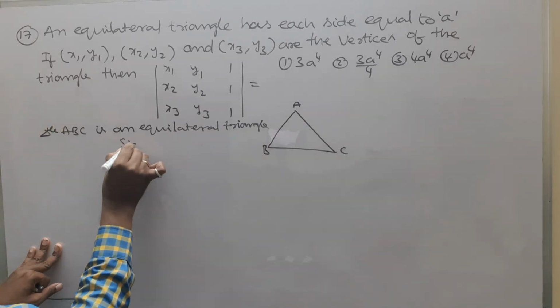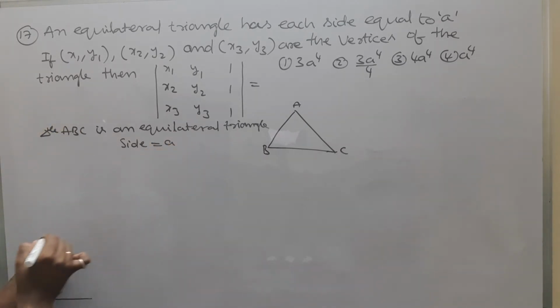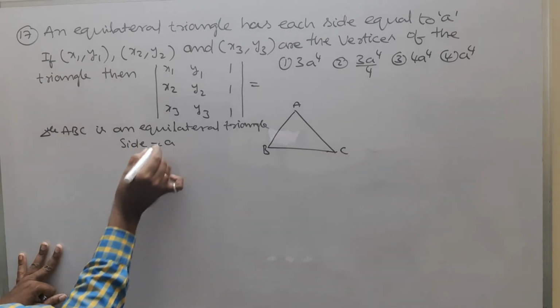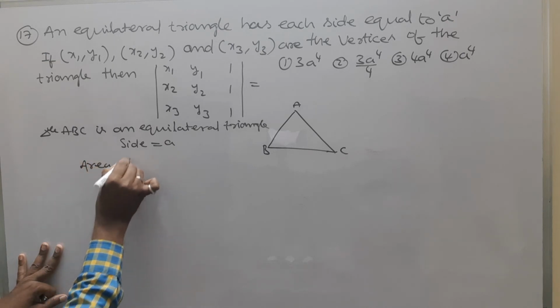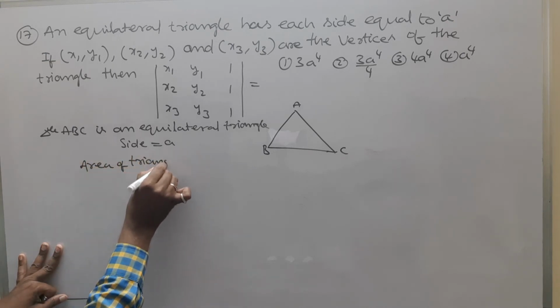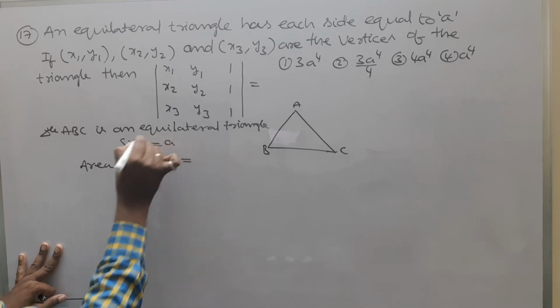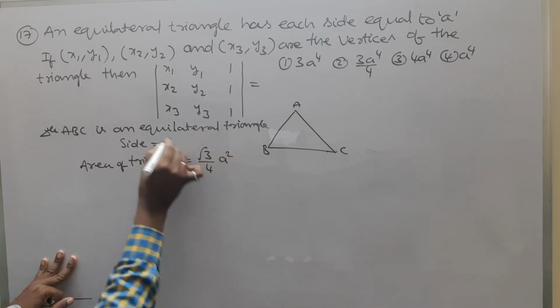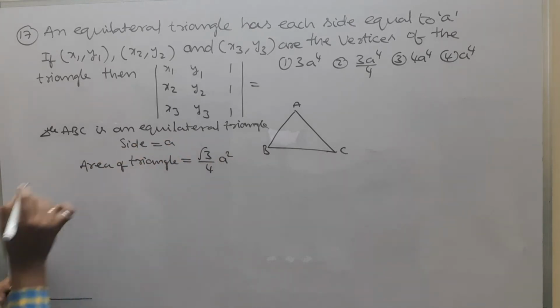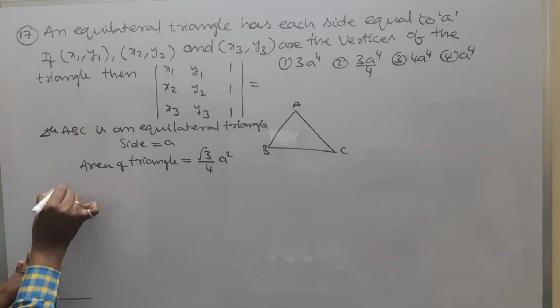Here the side of the triangle is given as small a, and the vertices are also given. If the side of the triangle is small a, then the area of the equilateral triangle is root 3 by 4 times side square, here a square. This is the formula.